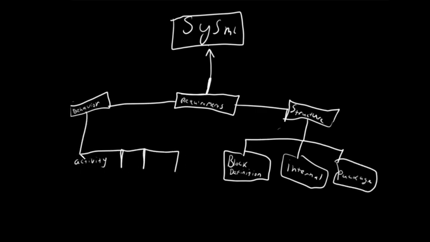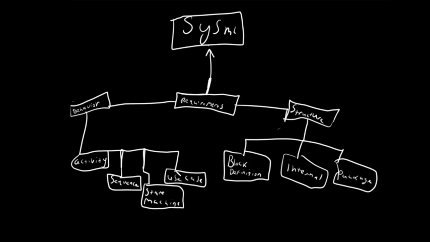Now, when we go to the behavior side, there are activity diagrams, sequence diagrams, state machine diagrams, and then we have use case diagrams. And then we have one final subsection to a subsection, which is on the structure side. Down in internal, there are parameter diagrams that connect with that.